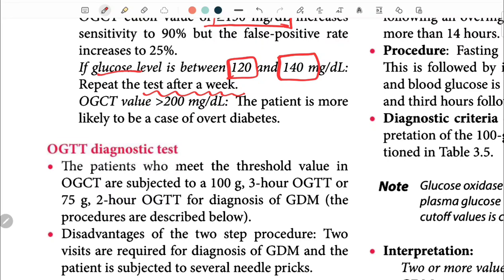An OGCT value of more than 200 mg per dL means the patient is more likely to be a case of overt diabetes.